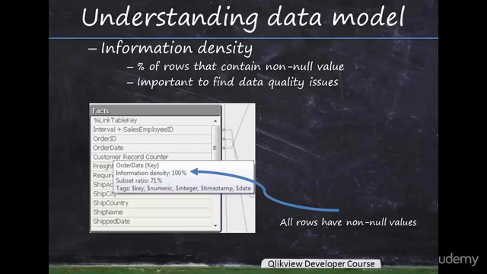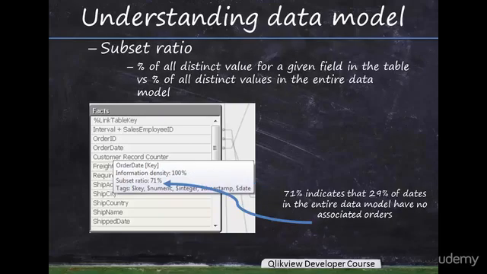Okay, so now let's look at subset ratio. By definition, it's the percentage of distinct values for a given field in a table versus all the distinct values that exist in the entire data model. In this depiction, it shows order date has a 71% subset ratio.